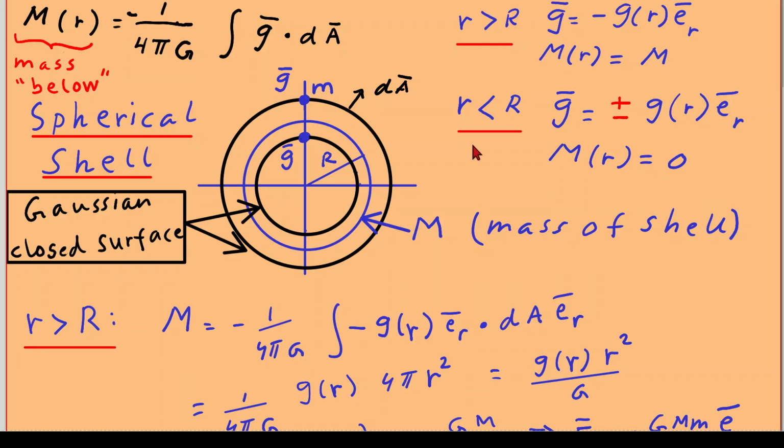Okay, let us now consider a situation that you are now inside the spherical shell. For example, here or here or here or here or whatever. You are on a spherical Gaussian surface somewhere at the distance R, which must be less than the capital R distance to the massive shell.